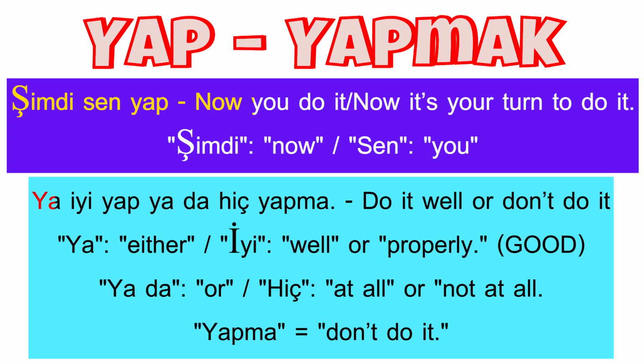Ya iyi yap ya da hiç yapma. This means do it well or don't do it. It is used to express dissatisfaction with the way something is being done. It's a common phrase in daily Turkish conversations, not so much to encourage or motivate, but rather to criticize and push someone to either improve their work or stop doing it altogether.